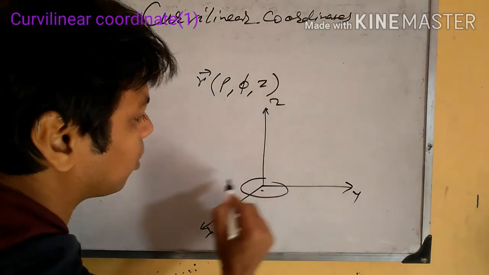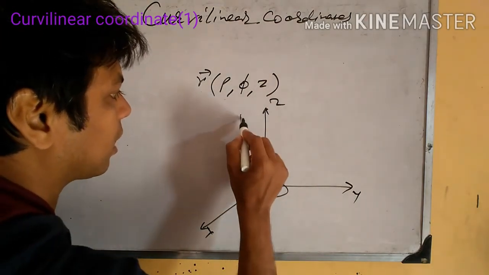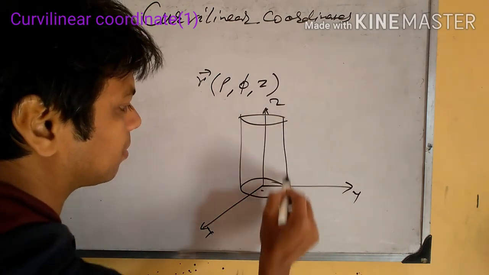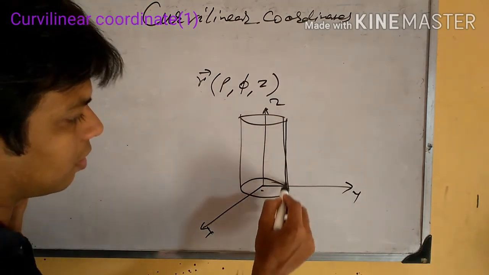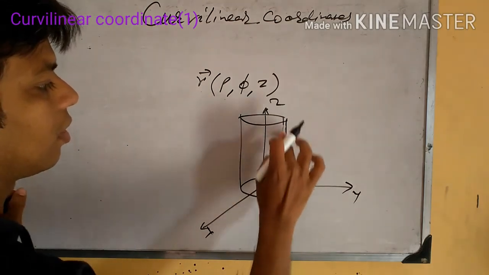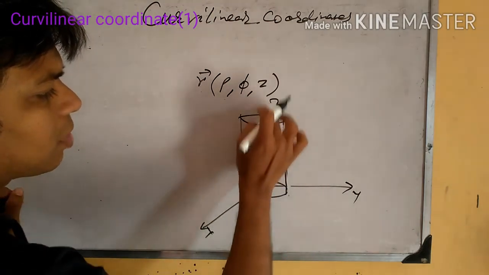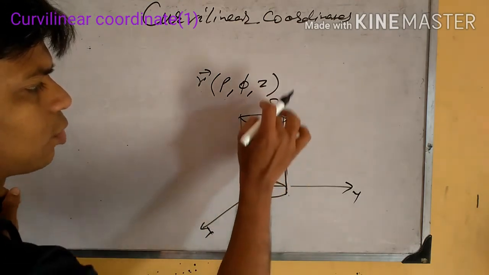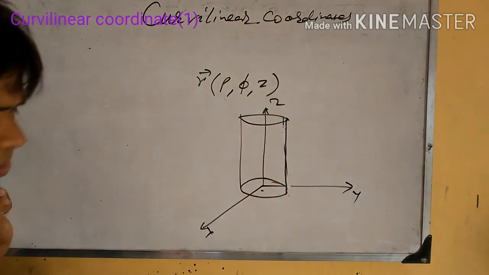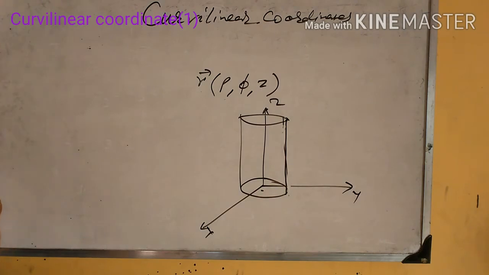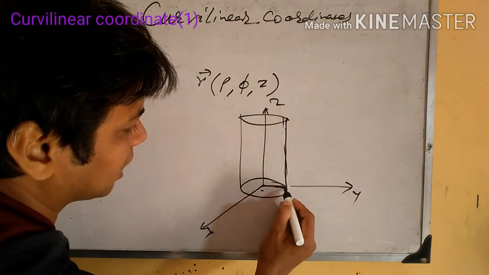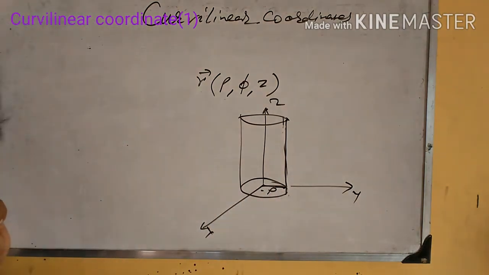So we can take the cylinder in such a way that the axis of the cylinder coincides with the z axis of the Cartesian system. The radius of the cylinder is rho in the radial direction.